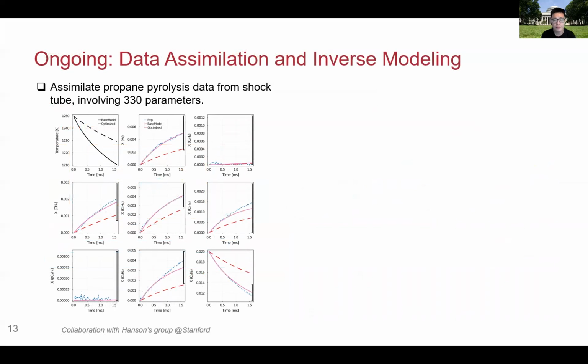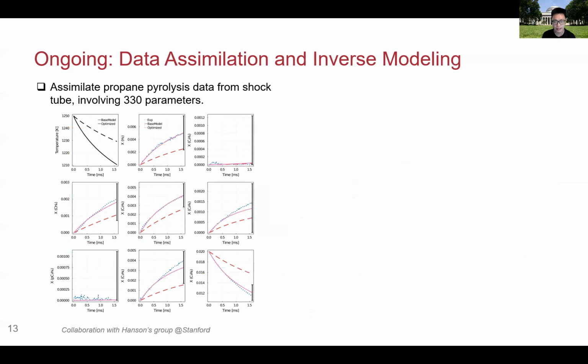We also have some ongoing applications, including data estimation and inverse modeling. For data estimation, the idea is to combine kinetic models and high fidelity experimental measurements to get a better understanding of the species profile.